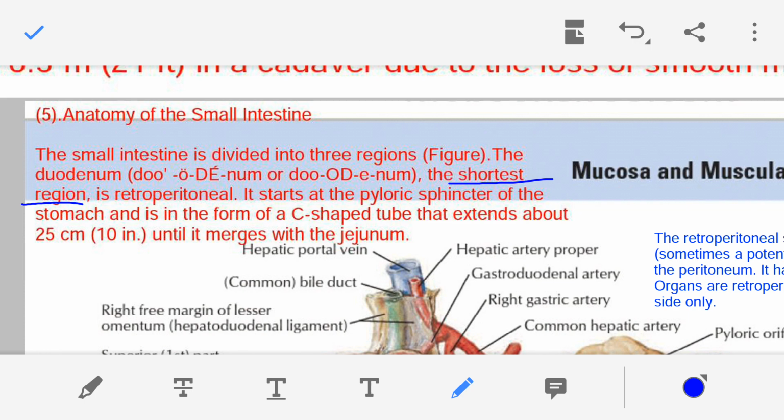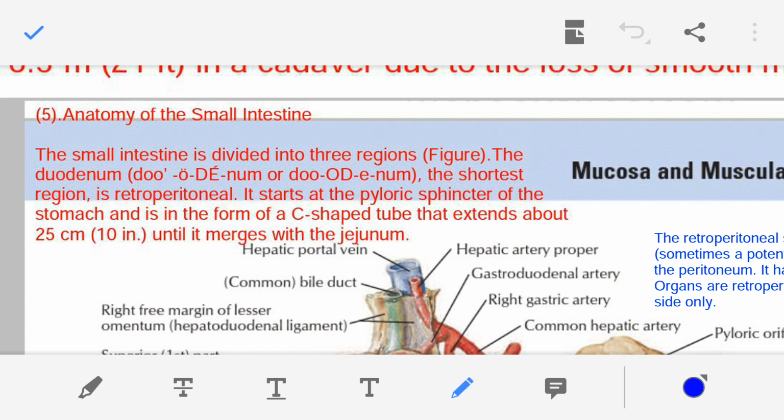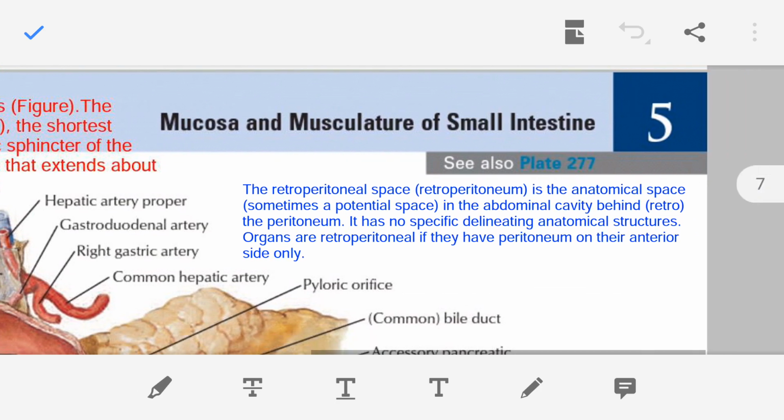So this is the shortest region of the small intestine, and at the same time it is retroperitoneal.